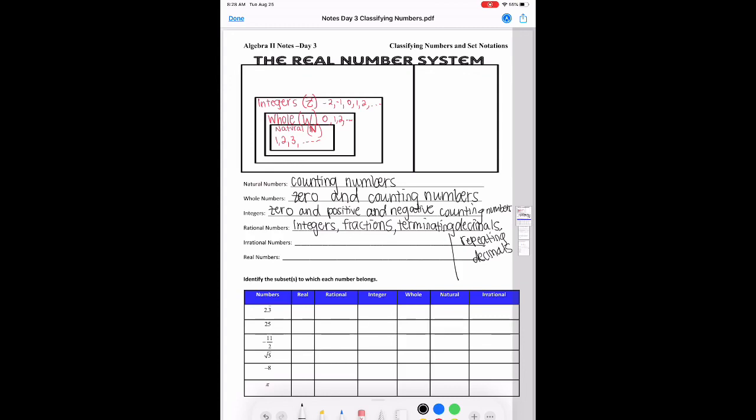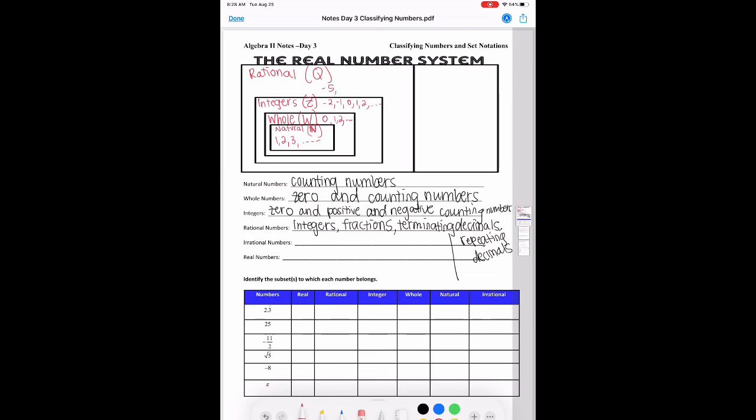Okay, irrational. Now notice I'm going to write irrational in a different color because, oops, I forgot, actually back it up. I forgot to write rational up here. So rational will be this big box. We represent it with a capital Q, and it is going to encompass all of the types of numbers in the smaller boxes, but also these fractions and terminating decimals.